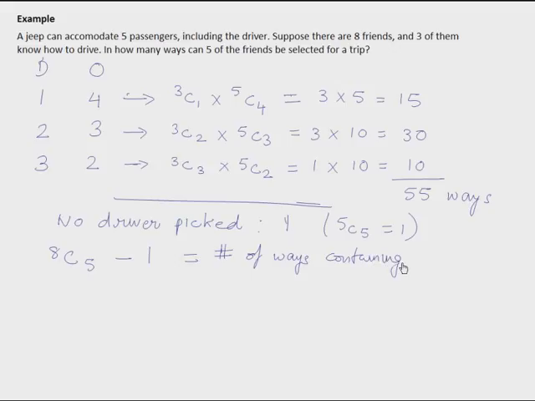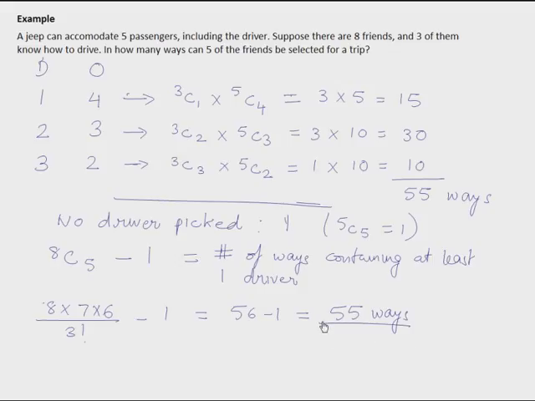Let's calculate this. 8C5 is the same as 8C3, so it's 8 into 7 into 6 over 3 factorial minus 1. That's 56 minus 1 equal to 55 ways. Wonderful. I get the same answer no matter what approach I take.